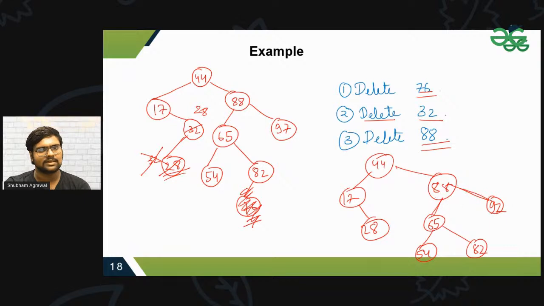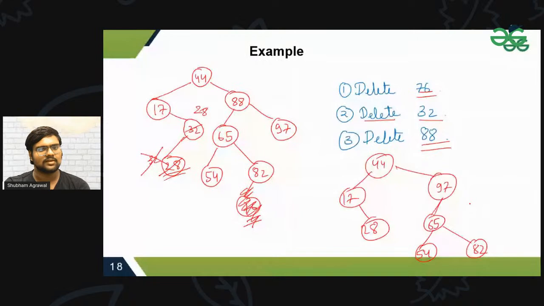So I have to consider the in order successor of 88, which is 97. So we will copy 97 here, and we will delete this node. Now it is a leaf node, so we can simply delete it.